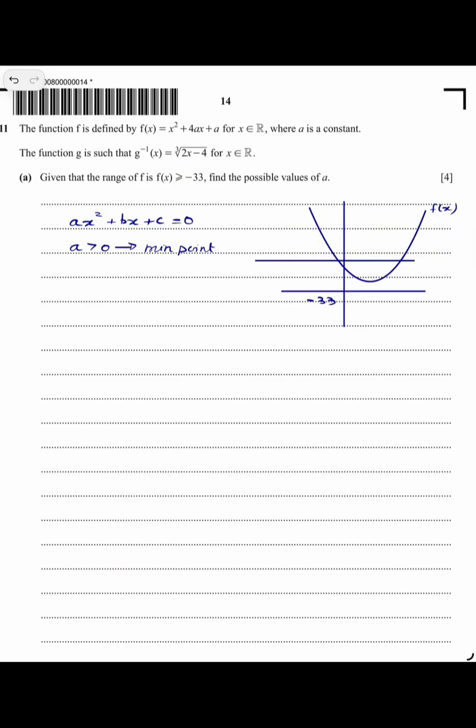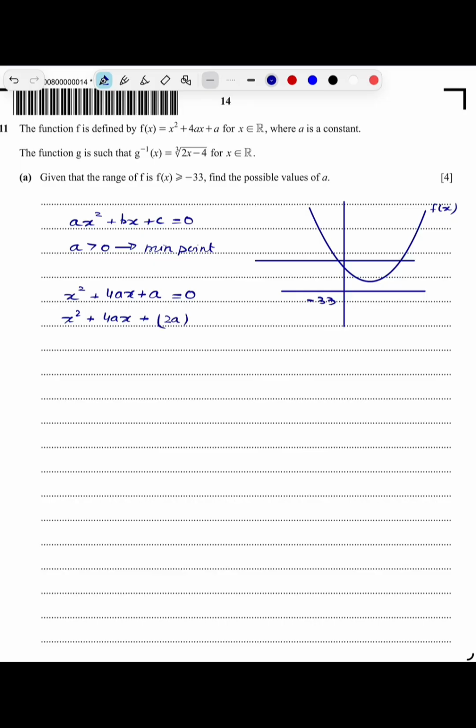So let's try to make this. Okay, so the function is x square plus 4ax plus a equals 0. Let's do completing square. I'll have x square plus 4ax. 4a divided by 2 is 2a.